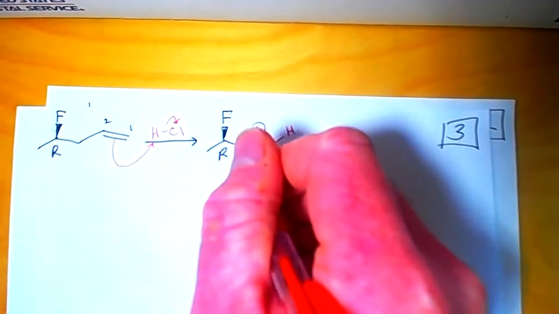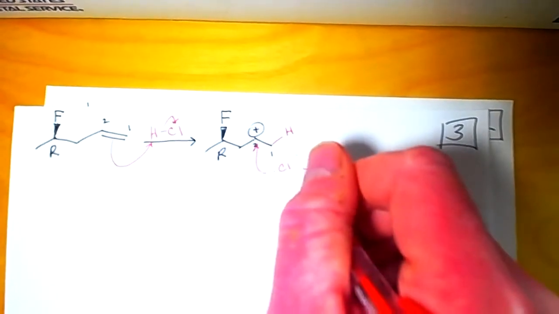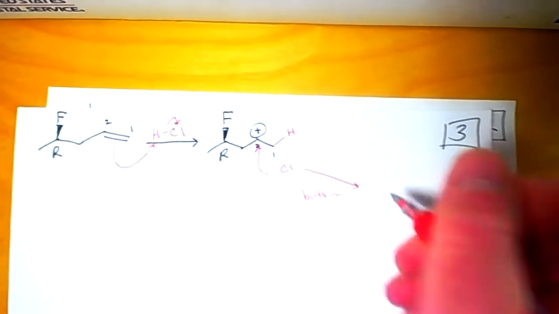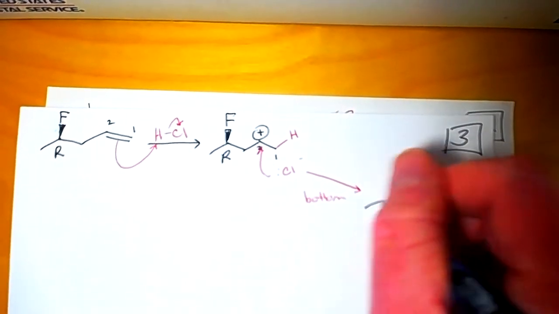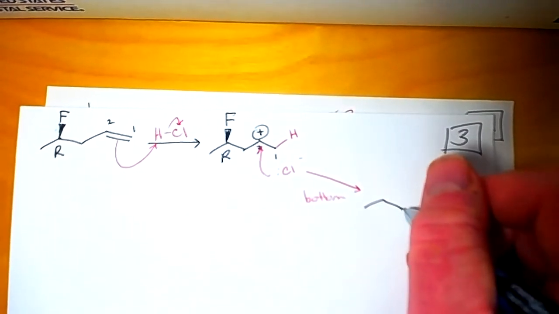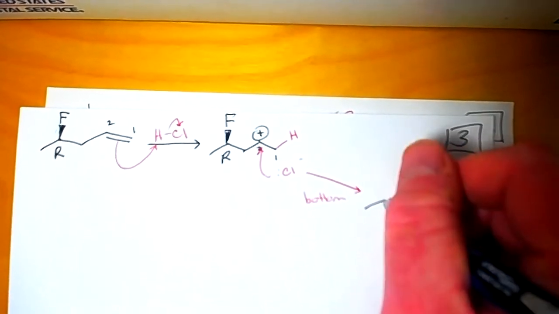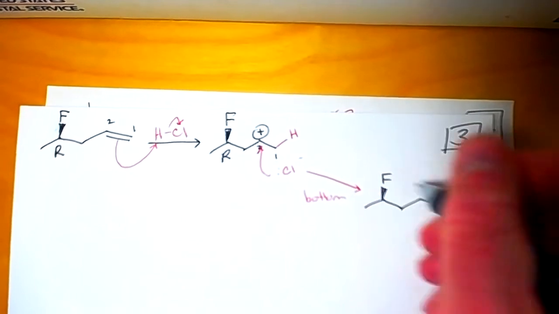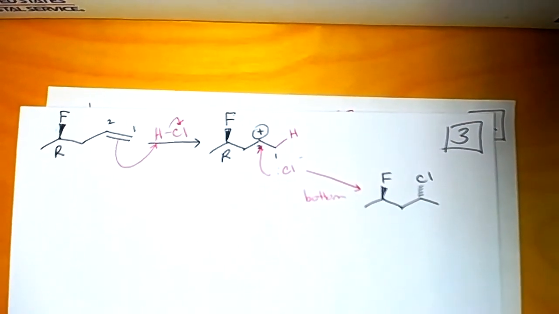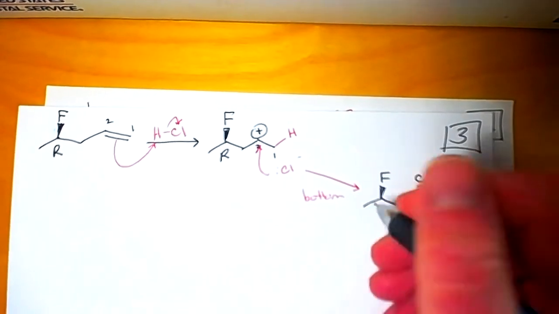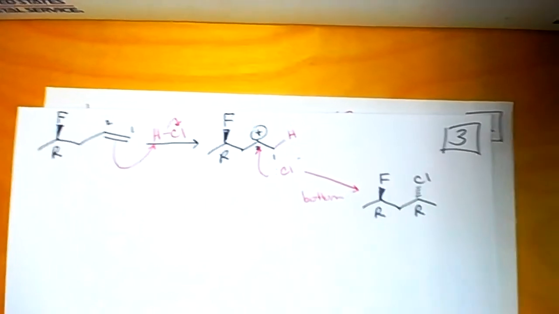The chloride could attack the carbocation from the bottom, at which point you would see an isomer that would look something like this, and that happens to have R stereochemistry.